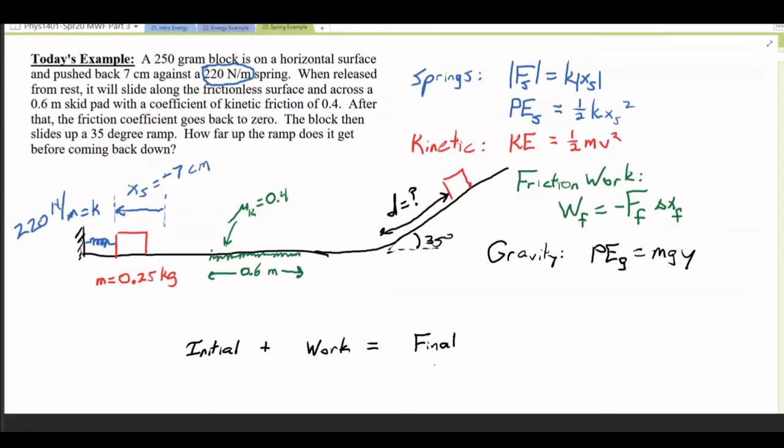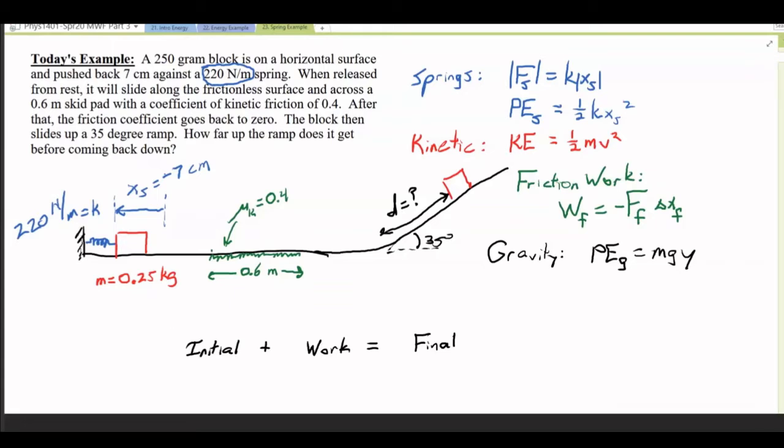And there's two potential energies: spring potential energy and gravity potential energy. And then we want to think about how much energy we gain or lose. The forms of energy we have are changed by the energy we gain or lose. So this energy we gain or lose is called work, and that's just the friction.